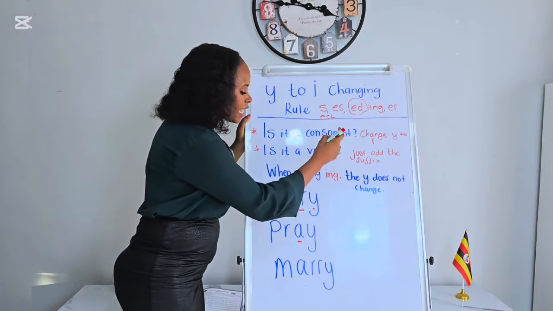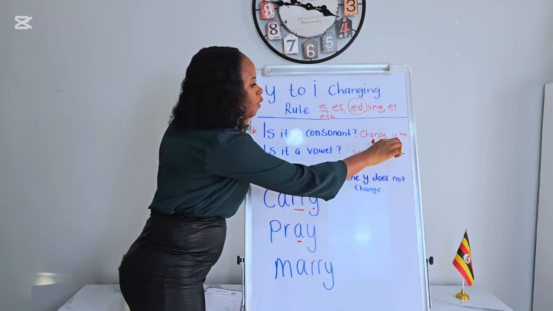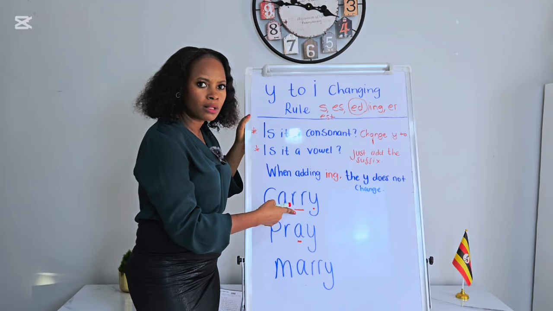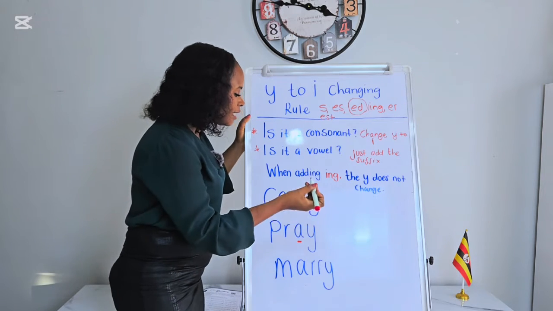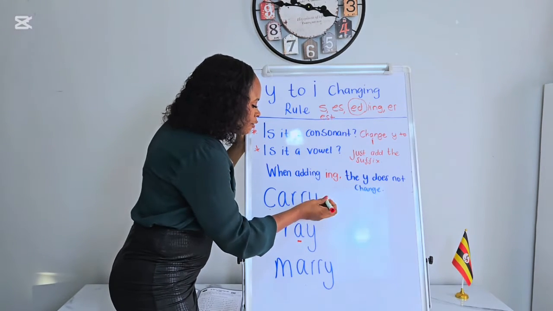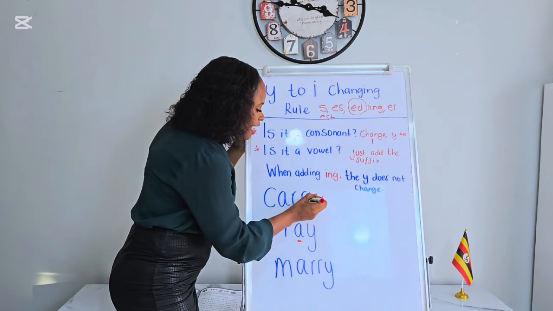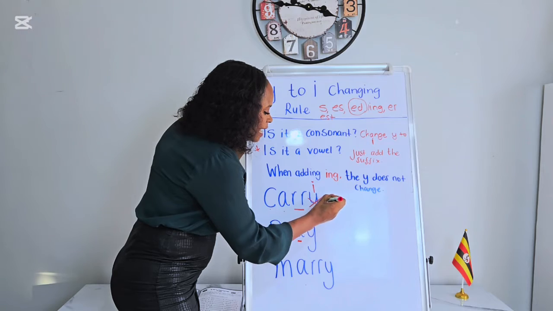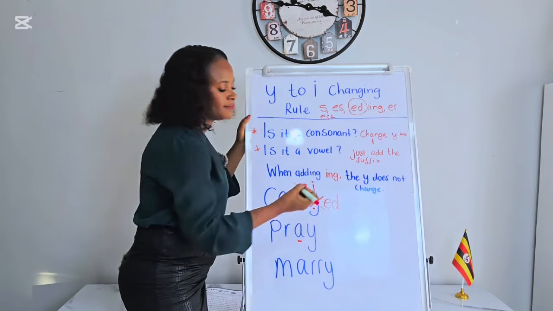If it's a consonant, we change the Y to I. Is R a consonant or a vowel? It's a consonant. What does that mean? It means we are going to change the Y to I and then add suffix ED.